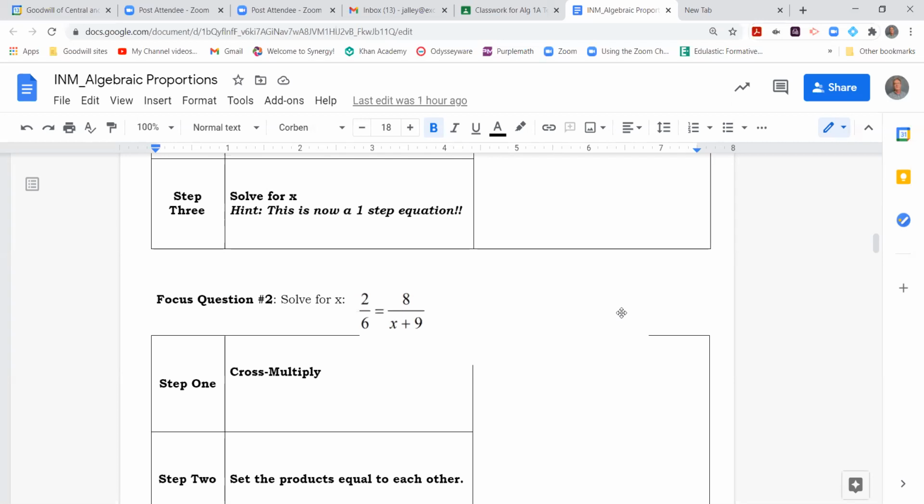Well, 2/6 better equal 8/24. Are those equivalent fractions? Yes, they are. 2 times 4 is 8. 6 times 4 is 24.